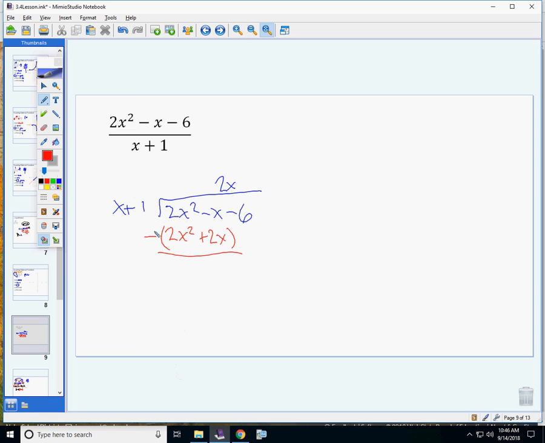So the 2x squared minus 2x squared goes away. You have negative x minus 2x, that's negative 3x. Now we only have to do a division left. We have a negative 3x, the thing we just got, divided by the x from up top, and that gives us negative 3. So my oblique asymptote is y equals 2x minus 3.